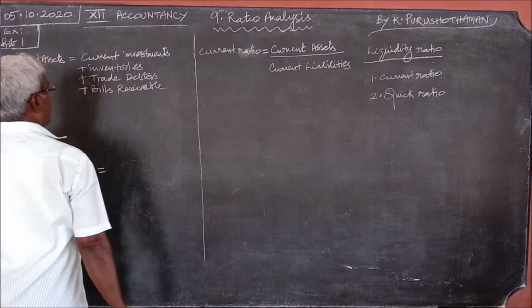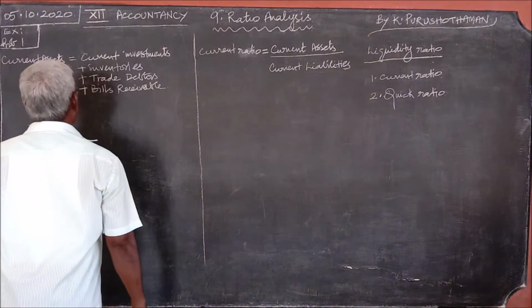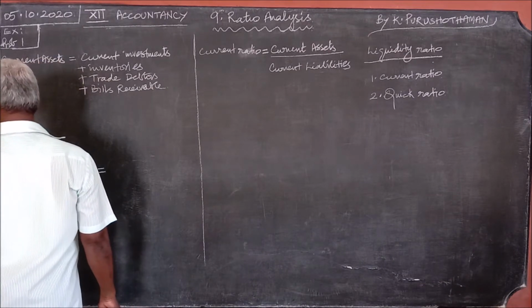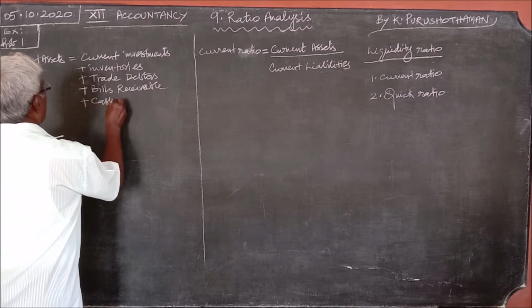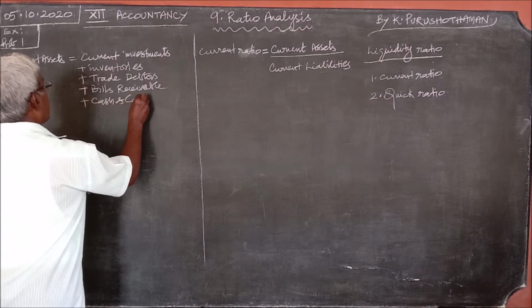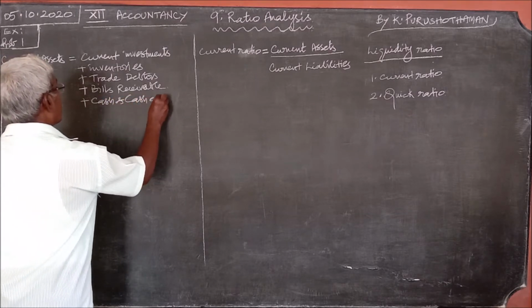Bills payable, trade payable, they are one and the same. Bills receivable plus cash and cash equivalents.